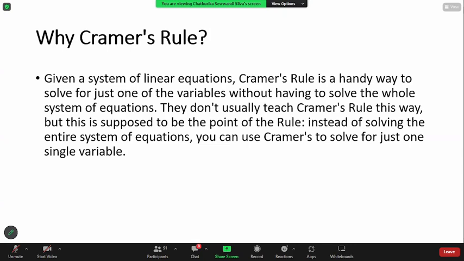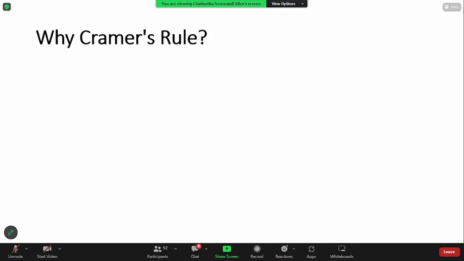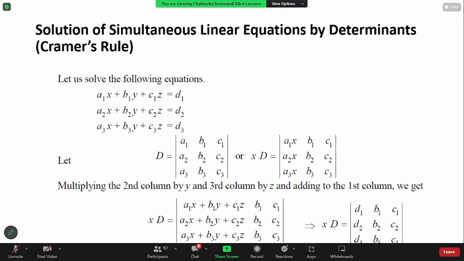So this is one such situation. The other reason is that if we have more than 3 simultaneous equations to solve, then it is advisable to use Cramer's rule.